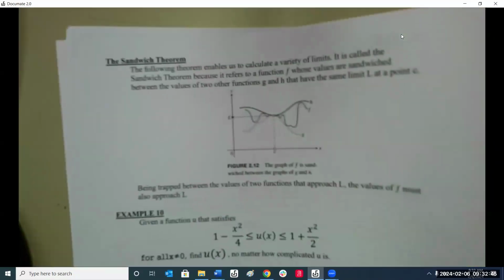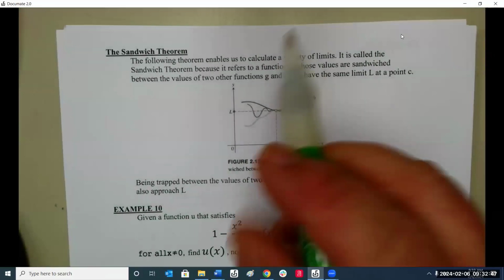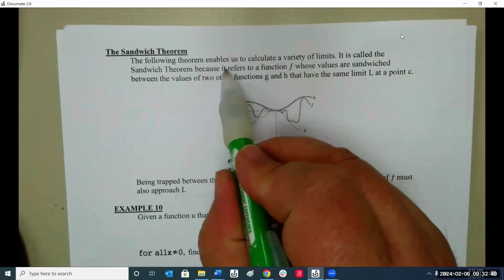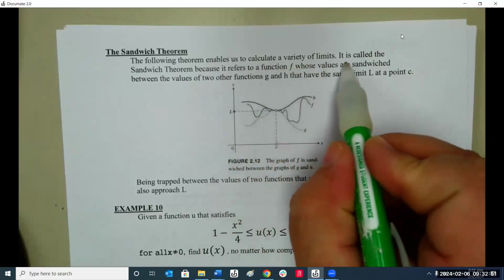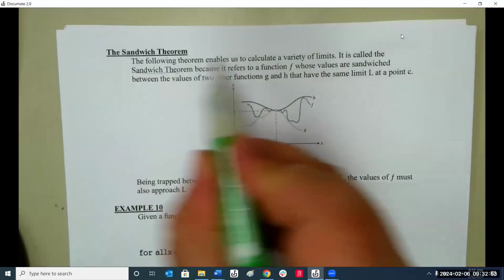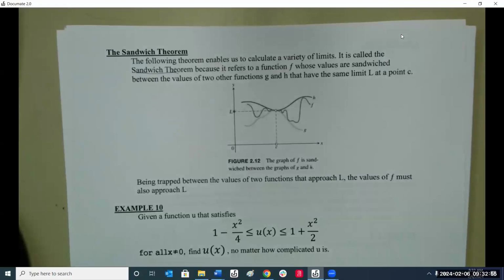It's called the sandwich theorem. The following theorem enables us to calculate a variety of limits. It is called the sandwich theorem because it refers to a function f that's sandwiched between two other functions that we know how they behave. So that's what the saying is.